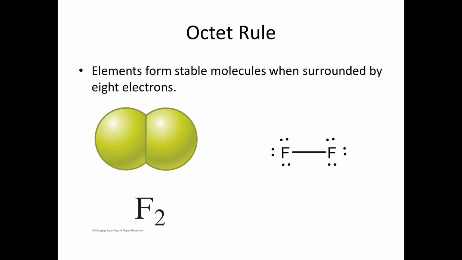This is a purely covalent interaction because fluorine and fluorine are the same. By sharing that one electron, each of the fluorine atoms will gain an octet of electrons. All halogens will form a diatomic as fluorine does and gain an octet of electrons.